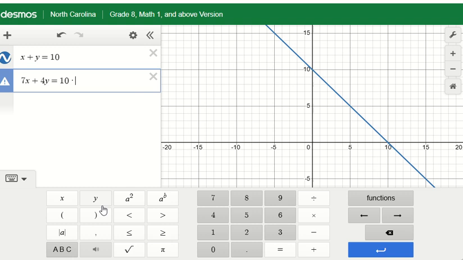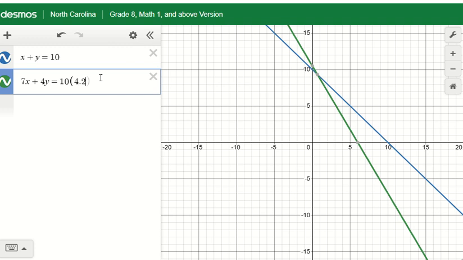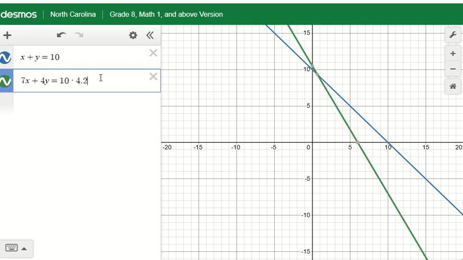That will do it. You can type 10 and you can put the $4.20 in parentheses. That will do multiplication for you. Or you can press Shift and the 8 key, and that gets you the multiplication symbol. So if you do the asterisk, which is Shift and 8, that gets you a multiplication symbol.